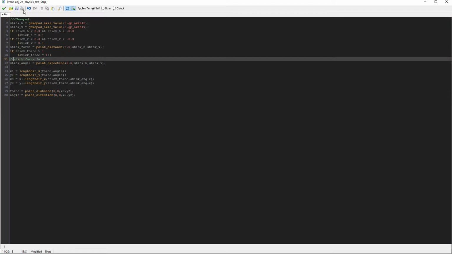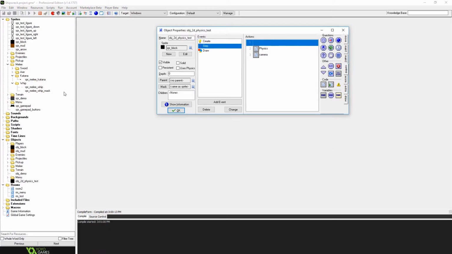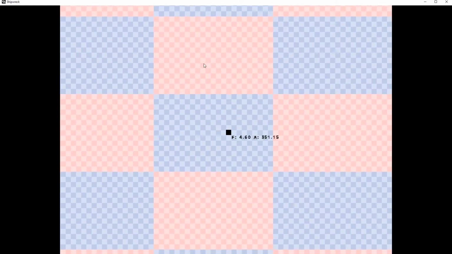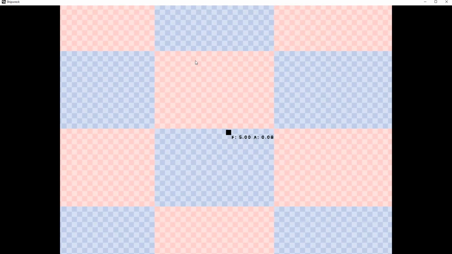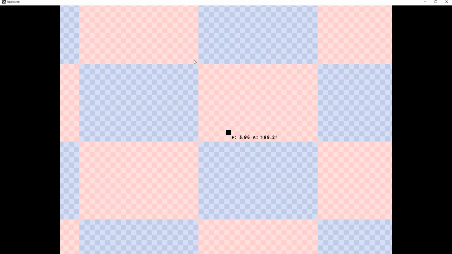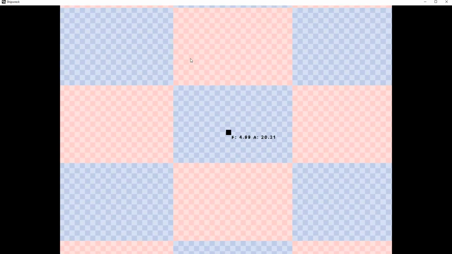So if we do this, we can get up to a decent speed. But we struggle to reach the top speed sometimes.